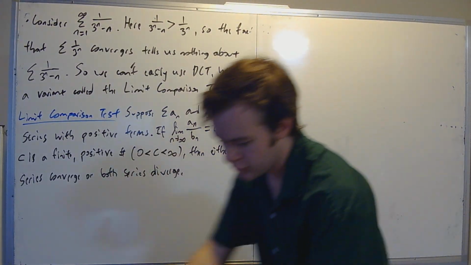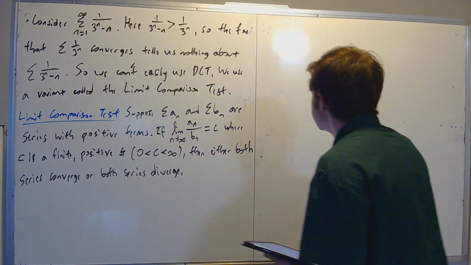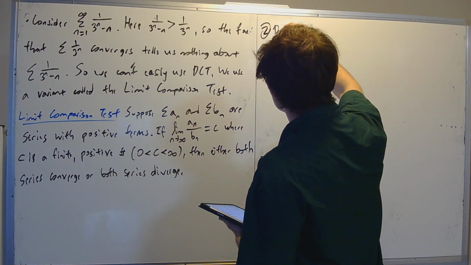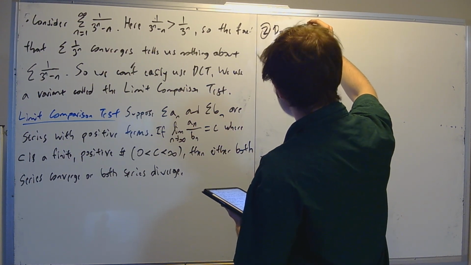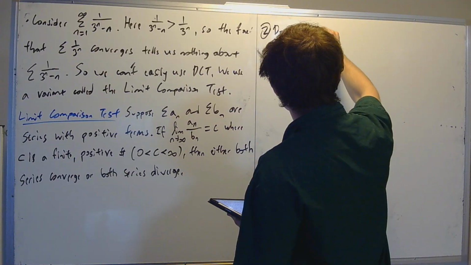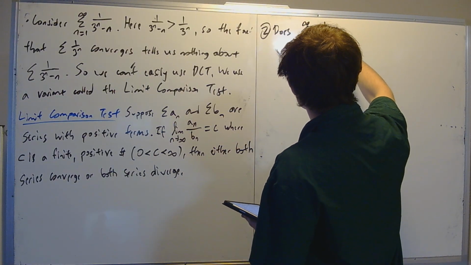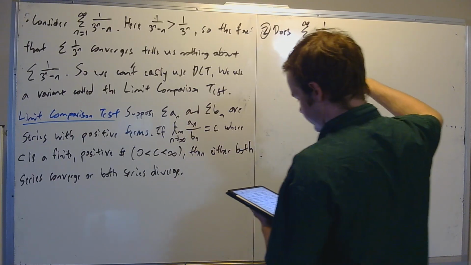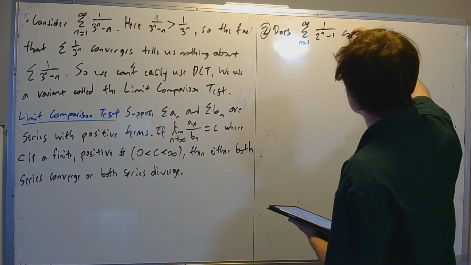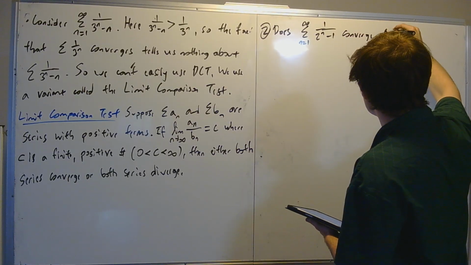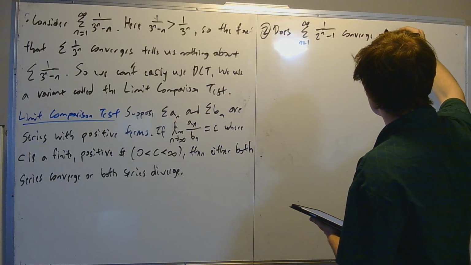Okay. So example number 2 says, does the sum from n equals 1 to infinity of 1 over 2 to the n minus 1 converge or, sorry, I was supposed to say or diverge.